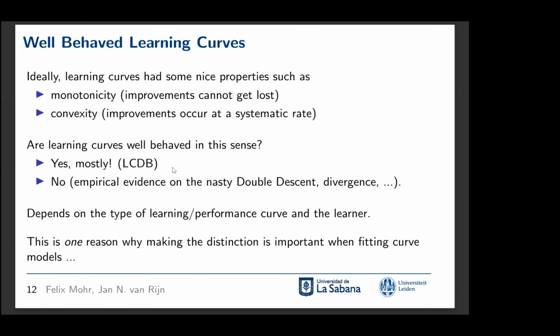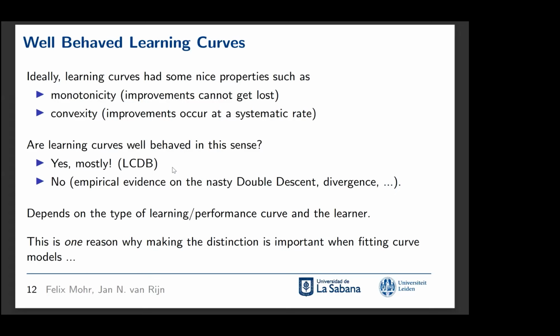And the claim certainly goes in such a direction that double descent does not exist for sample or observation learning curves. It does, however, apparently exist for iteration learning curves. We did not check LC bench with respect to this yet, but probably one would be able to observe, at least on some data sets, that you do not have this type of well-behavedness of the learning curves.